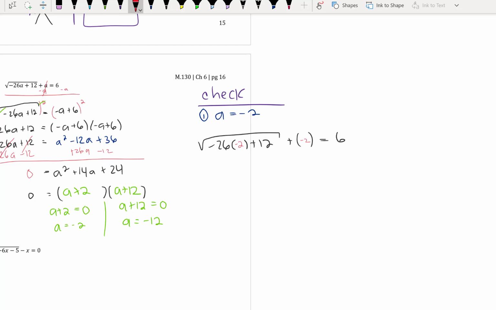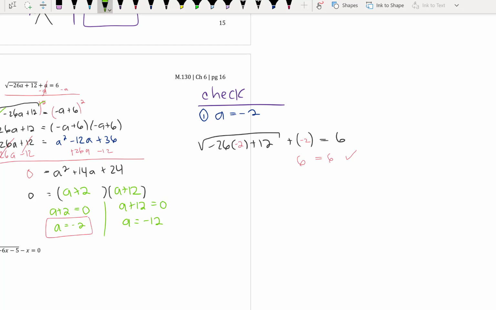So let's see what I get on my calculator. The square root of negative 26 times negative 2 plus 12, plus negative 2 gives me 6. It works out. So a equal to negative 2 is perfect.